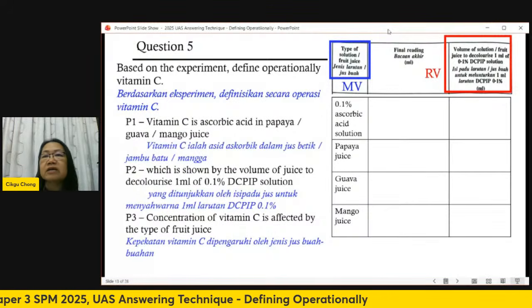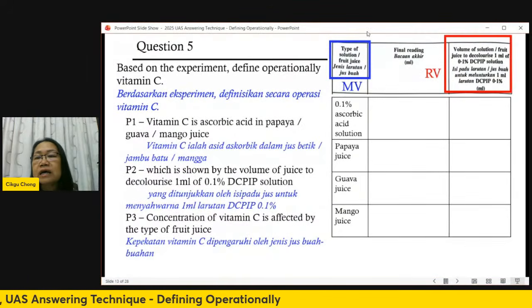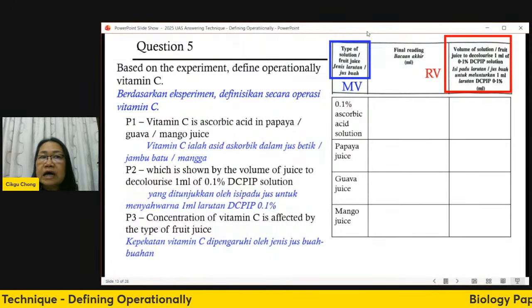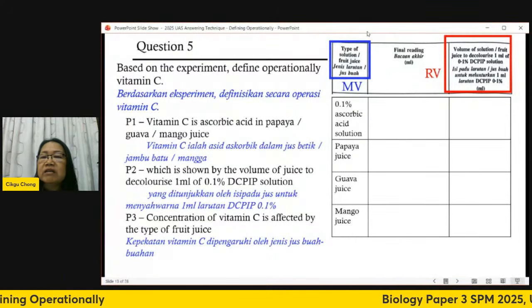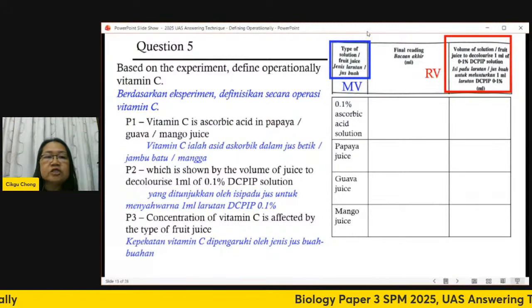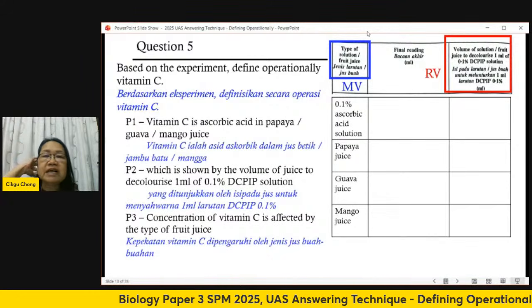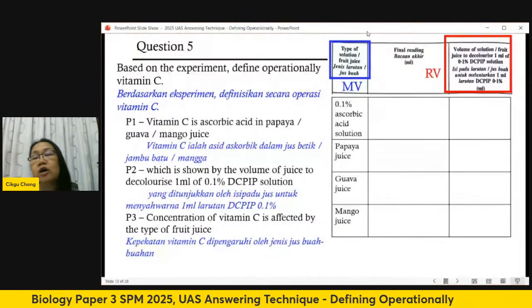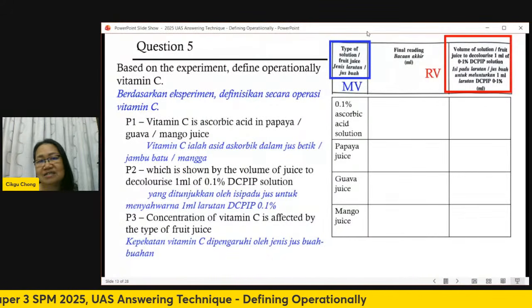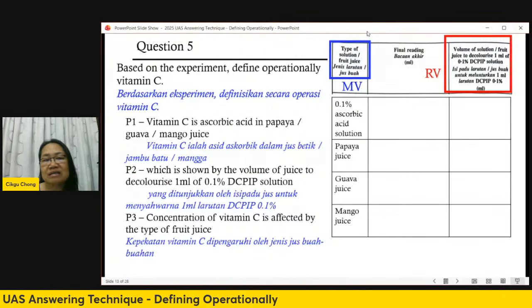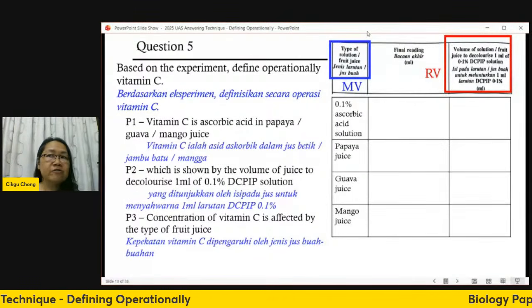Okay, Arifa, your third point is not really an inference. Inference is actually to explain your observation. That's the meaning of inference. I think we are talking about a hypothesis, is it? That's more like a hypothesis.